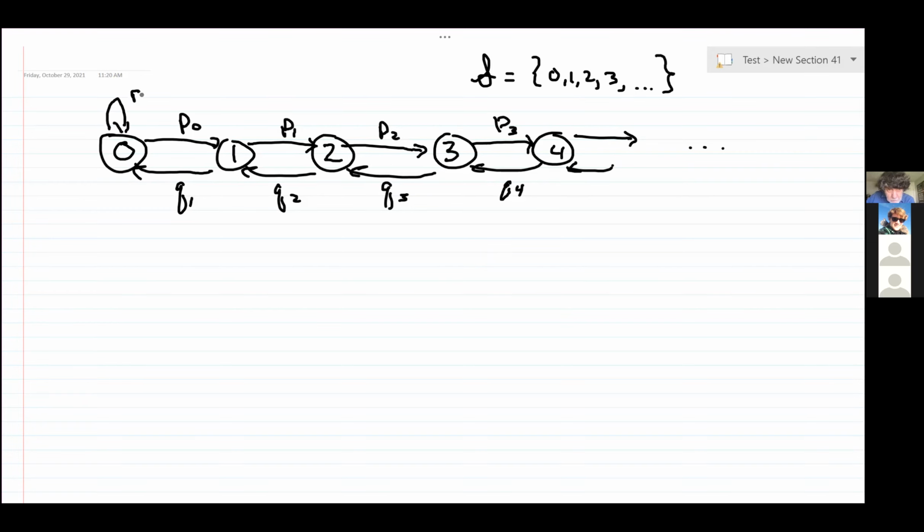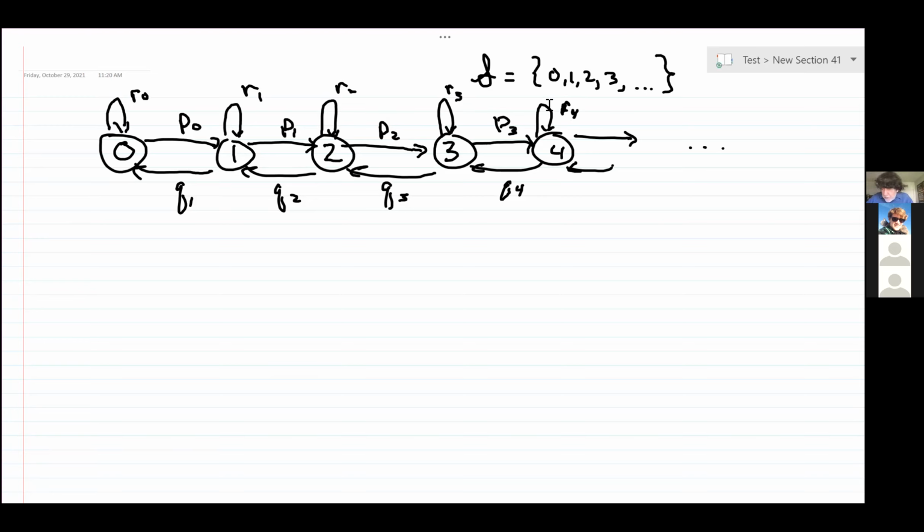So there'd be an R0, an R1, an R2, an R3, etc. R4. Okay, so that's what we mean by the infinite birth-death chain in our class.